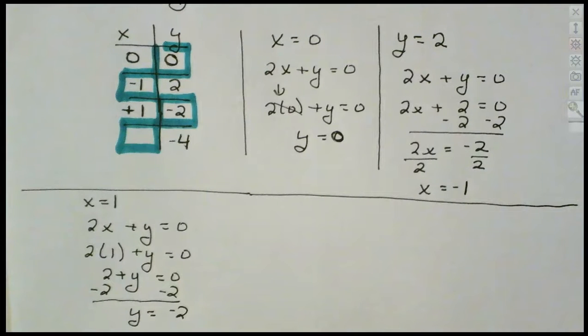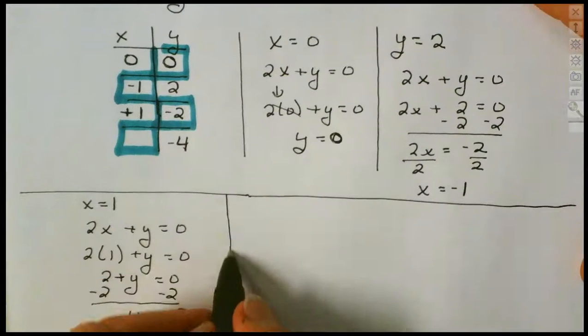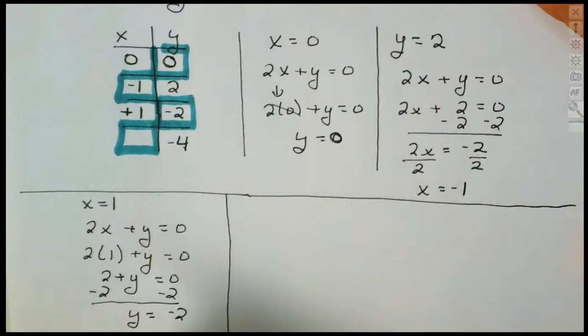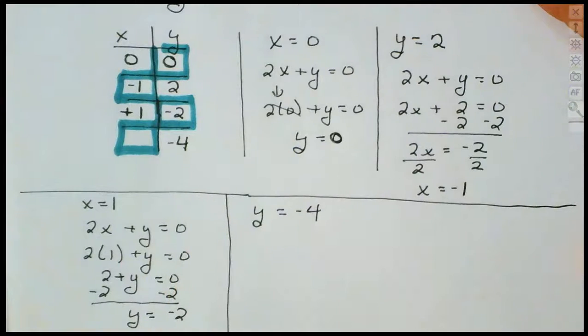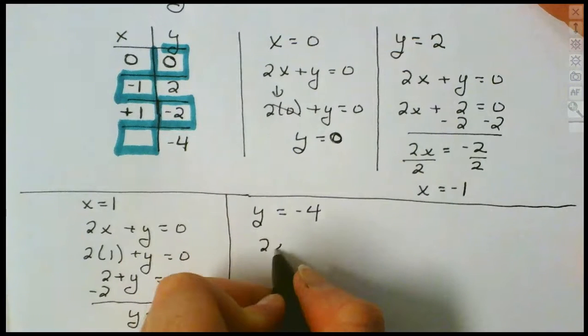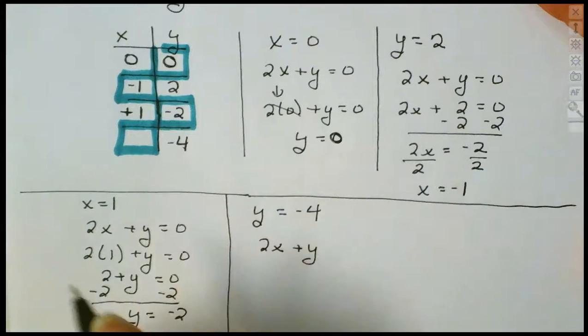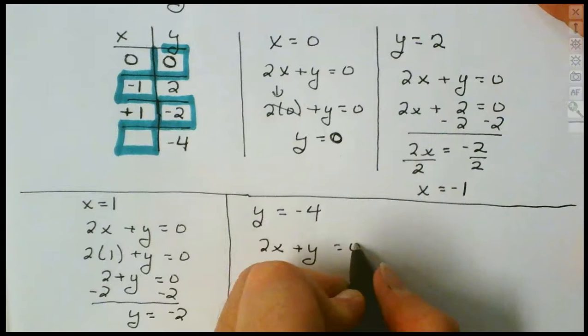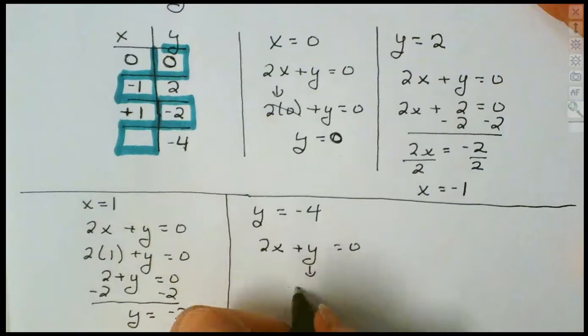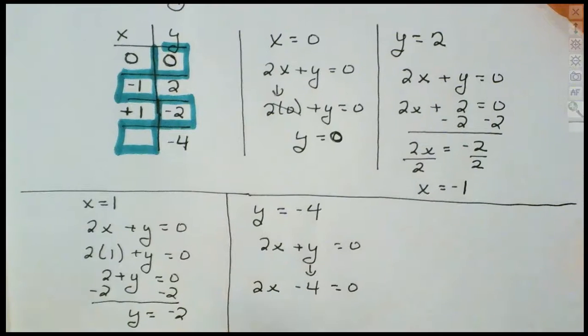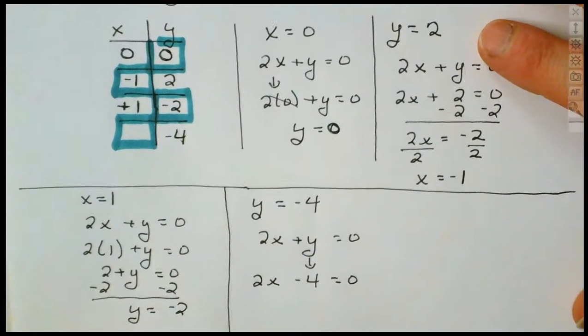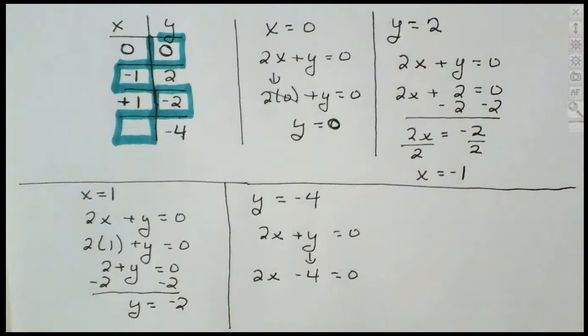Okay, and we've got one more to finish here. And the last one, we're going to plug in y equals negative 4. So we've got 2x plus y equals 0. Again, we're going to plug in our negative 4. And we're just solving it like any other equation.